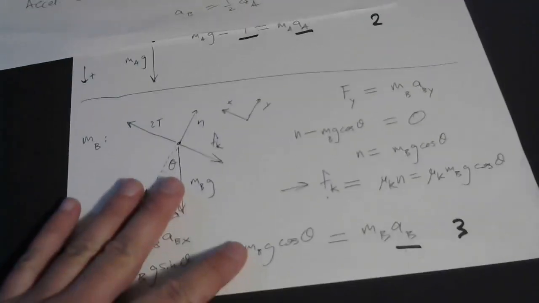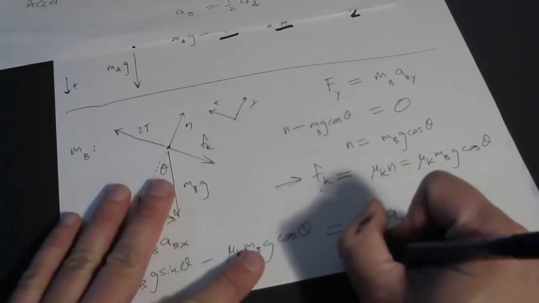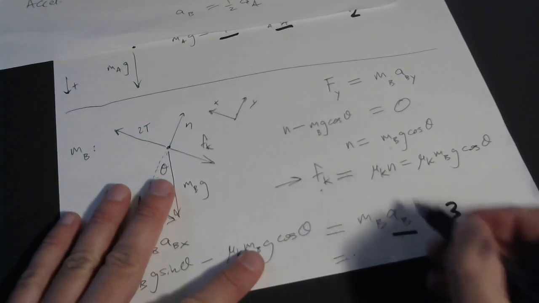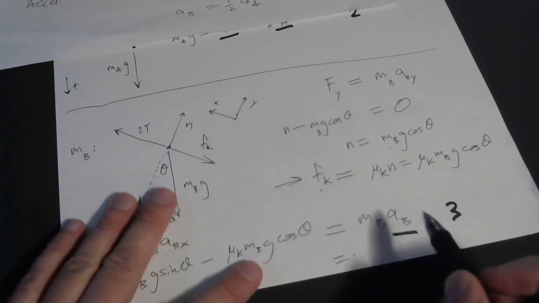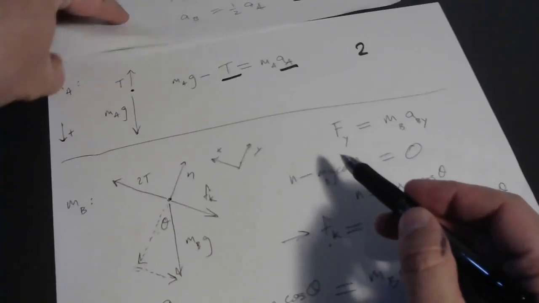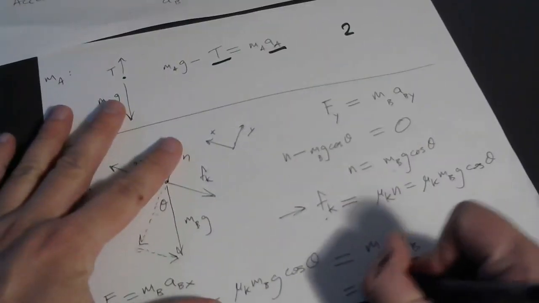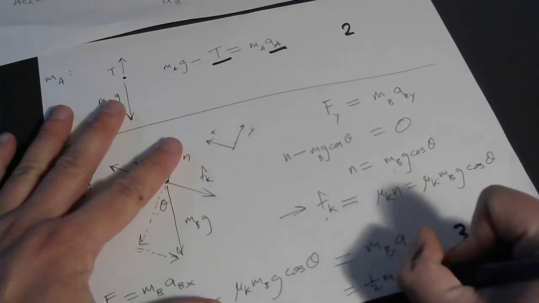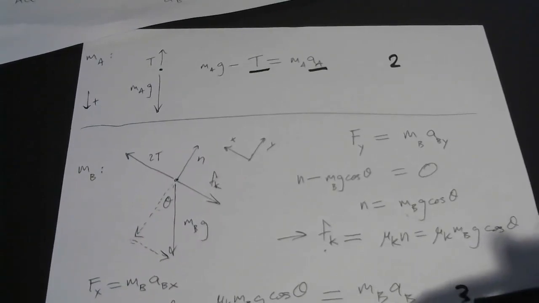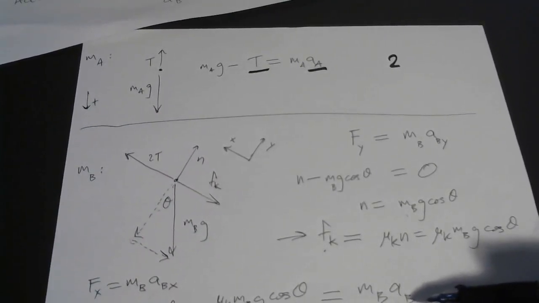Let me do this. I'll just rewrite A sub B. I'll substitute. A sub B is the same as half of A sub A. So I would pick up a 1/2 out front, mass B times the acceleration of A. That gets rid of the acceleration of mass B.